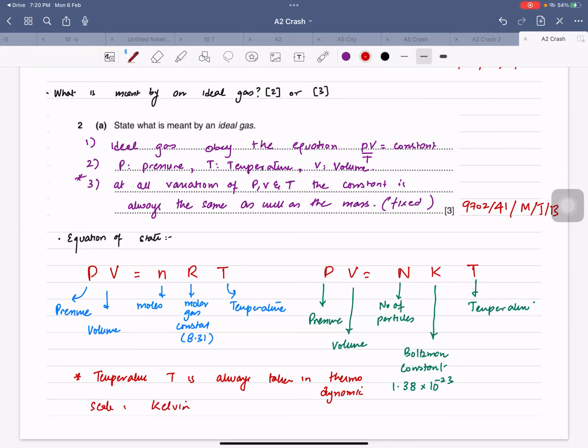Now, how to change scale to Kelvin? Although we're going to learn it afterwards as well, temperature in Kelvin is taken as temperature in degrees Celsius plus 273.15. All right, is that clear, everyone? Yes. So please write it down. And these equations are your best friend for life till you're out of A levels.